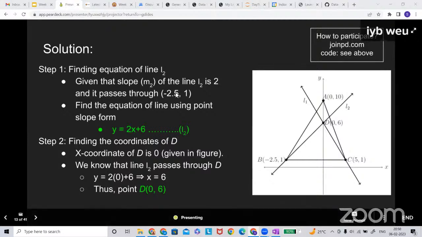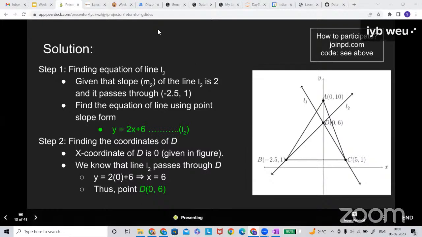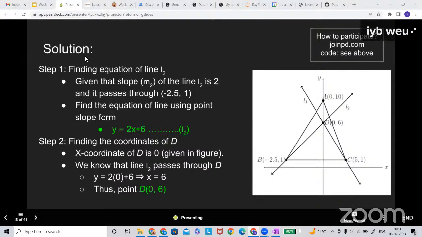Using the point-slope form, you already know the formula: y minus y1 is equal to slope m into x minus x1. Using that formula, you will get the equation.